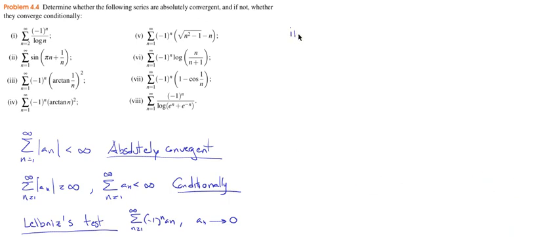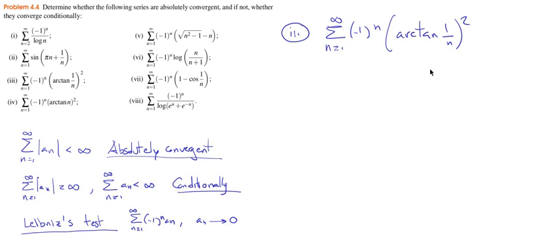Number 3. Let's see. The sum from n equals 1 to infinity of minus 1 to the n, the arc tangent of 1 over n squared, right? Well, is this absolutely convergent? We have the arc tangent of 1 over n squared, right?